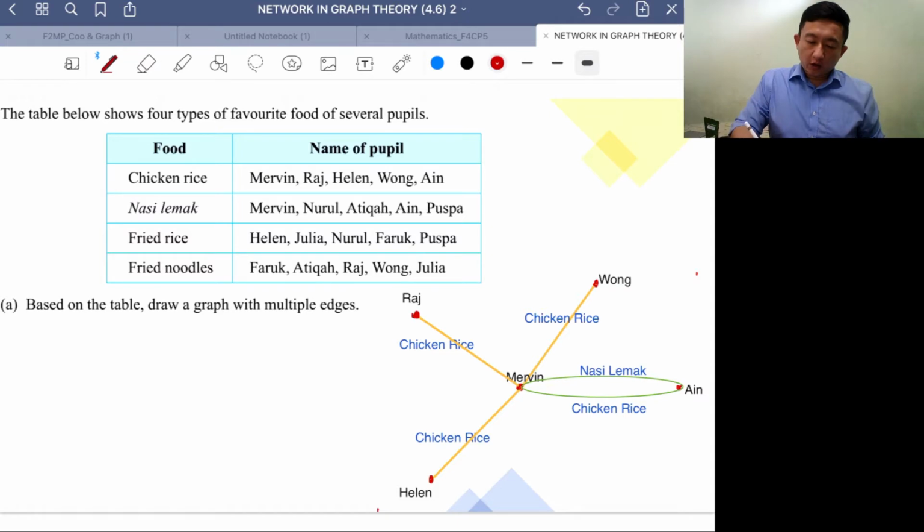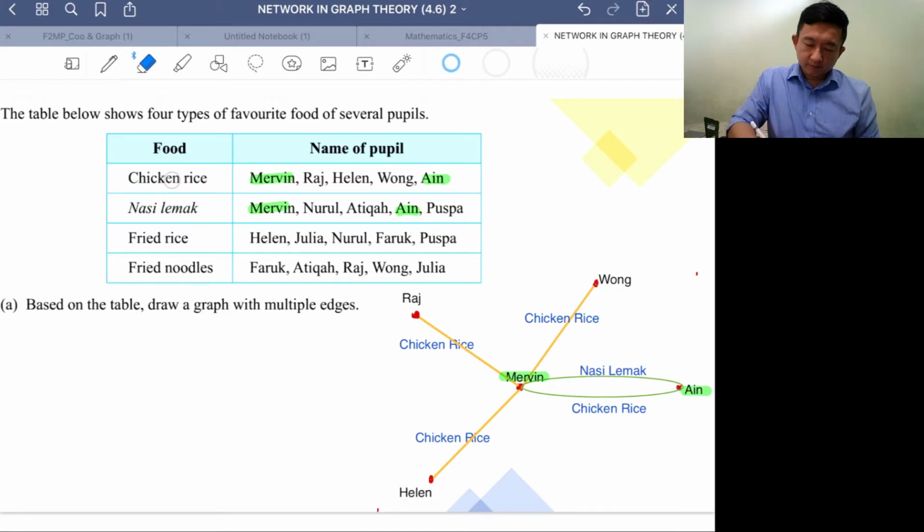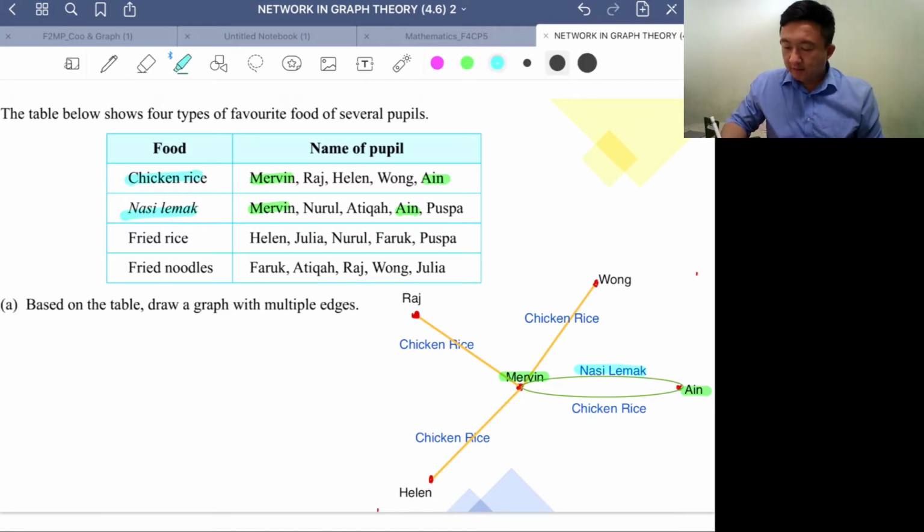If you have a look at chicken rice and nasi lemak, you realize that Melvin and I, both of us like chicken rice and nasi lemak. Now this is the case where you have the repeated one, meaning multiple edges. So you can draw Melvin and I, both of us like nasi lemak and chicken rice.